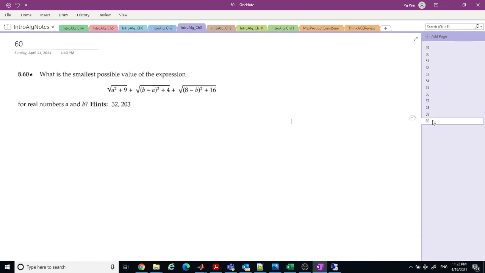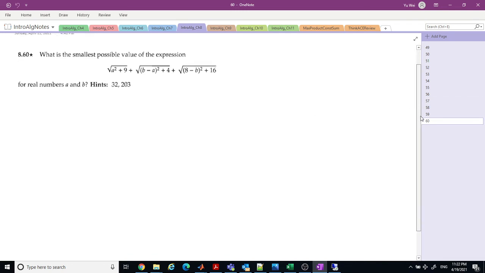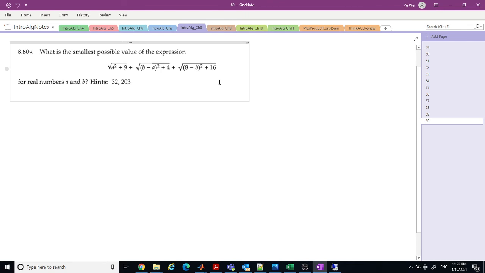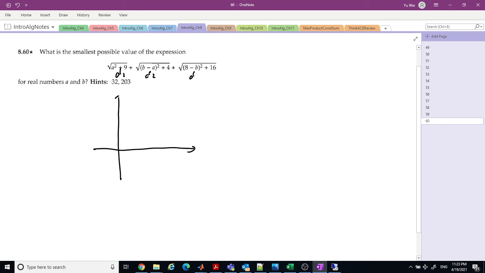Okay. Last question. When I see this question, it is always very familiar from geometry. Okay, so this one is like D1, D2, D3. Normally there is a point P that is fixed and a point Q that is fixed.